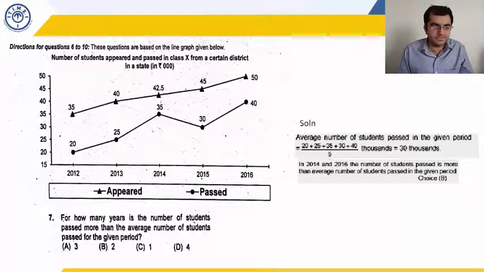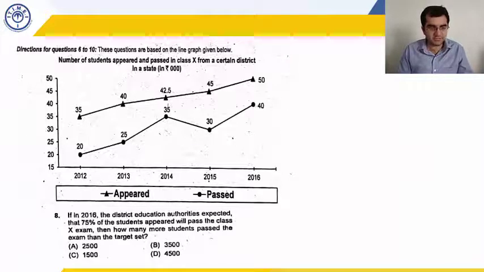I hope this is fine. So you have to understand clearly what the question is asking for: for how many years is the number of students who passed more than the average number of students who passed? Next question. Read carefully.